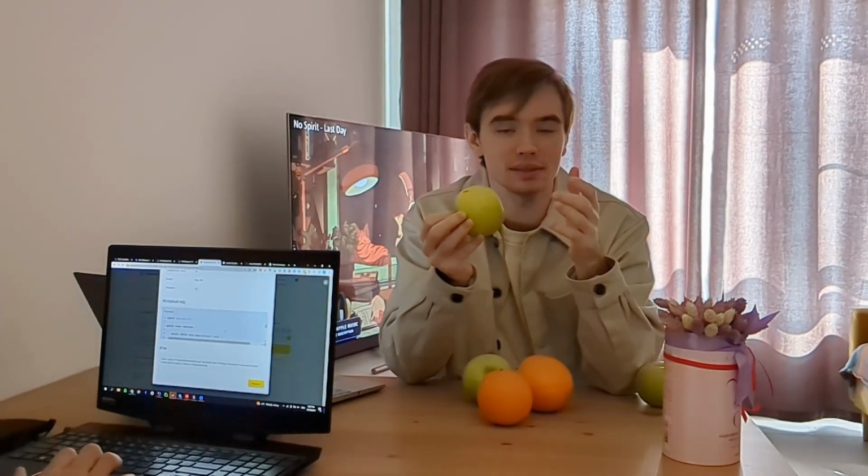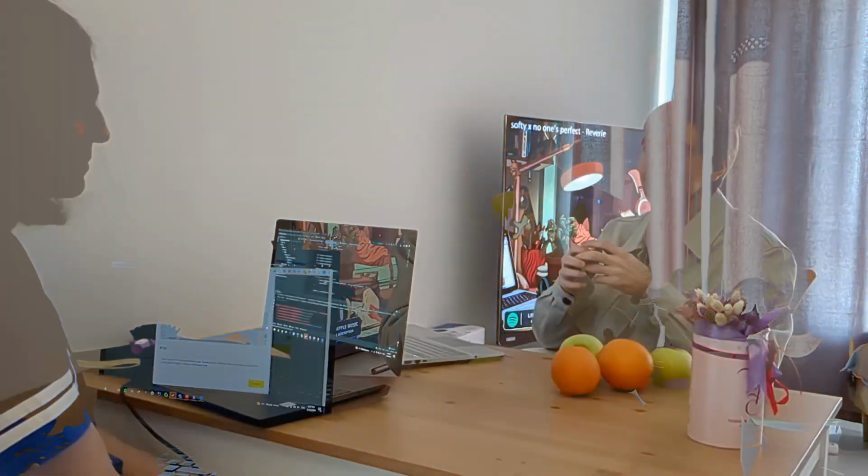For example, a fruit can be considered an apple if it's green, round, and its diameter is about 8 centimeters. Even if these features depend on each other, in any case they make an independent contribution to the probability that this fruit is an apple. That's why the algorithm is called naive.